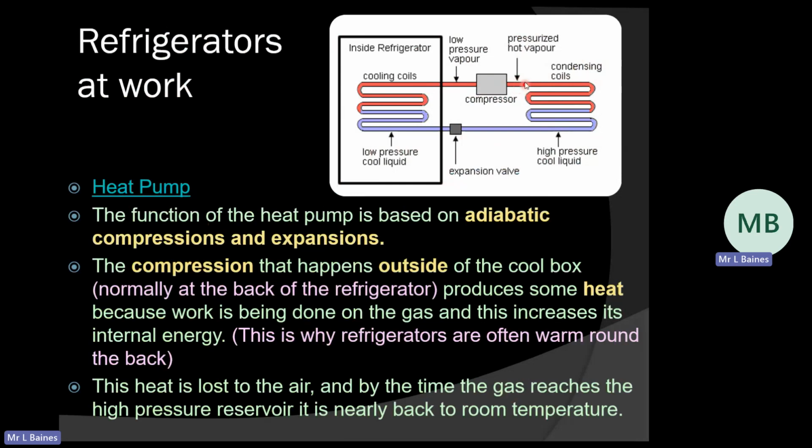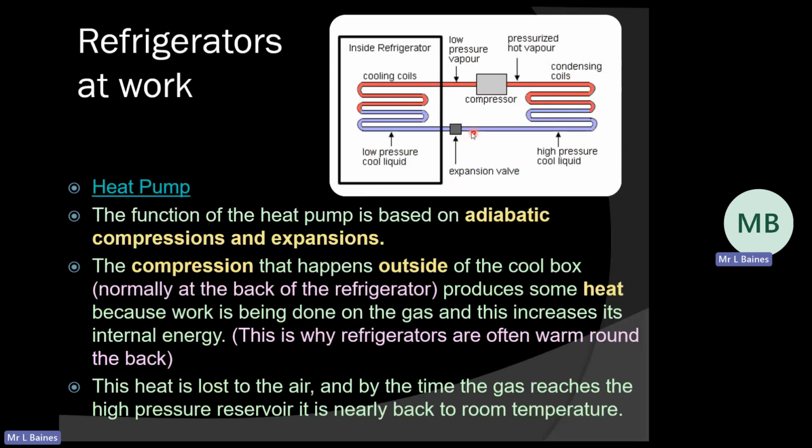It loses that energy to the atmosphere around it while it's still compressed. So just before it goes into your fridge, it's still pressurized, it's still compressed, but it's cooled down. Then we're ready to go into the fridge.